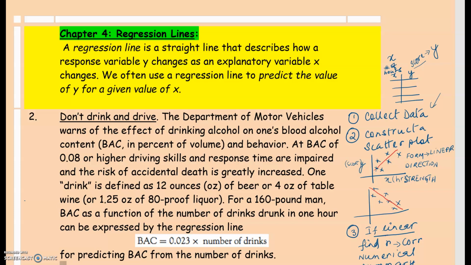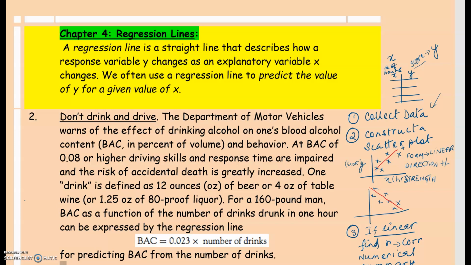Now, the direction can be positive or negative depending on the relationship. Okay, so if it is this example we are looking at, number of hours of study and then the score on the final exam, clearly this relationship is positive, or at least we can expect it to be positive. As the number of hours of study increases, the score on the exam also increases.